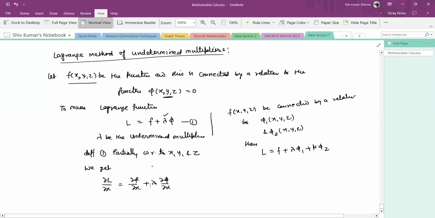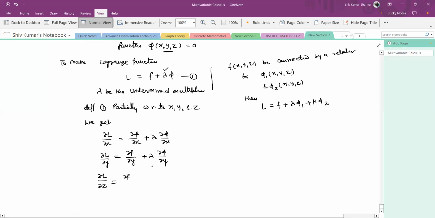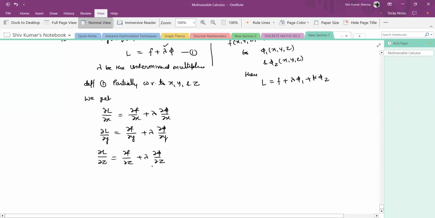When we differentiate with respect to y, del L upon del y is equal to del f upon del y plus lambda del phi upon del y, and del L upon del z is equal to del f upon del z plus lambda del phi upon del z.